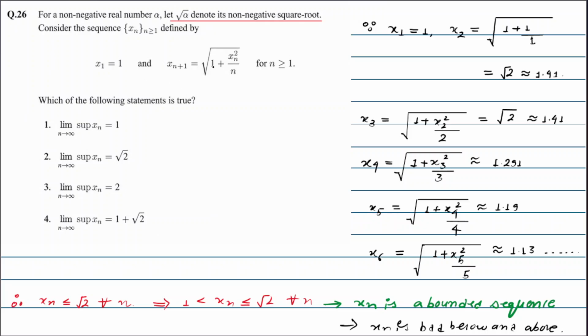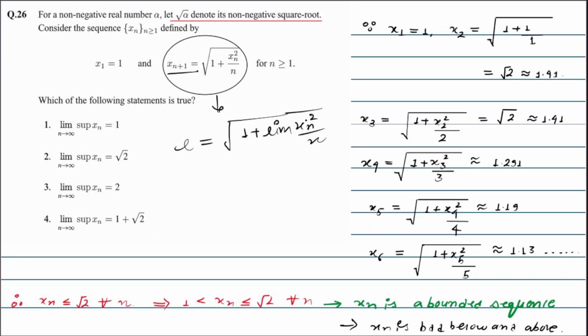Now from here, if limit n tending to infinity xn is equal to L, then xn plus 1, xn plus 2 and so on will go to L. Therefore, applying limit on both sides of this sequence, we get lim of xn plus 1 means L is equal to under root 1 plus limit xn square upon n.